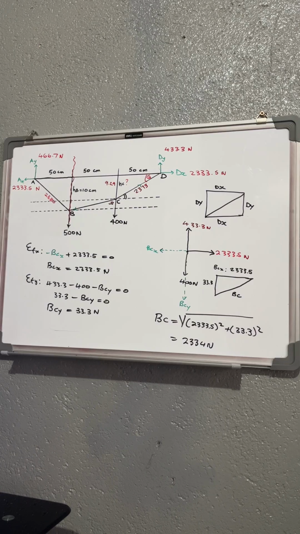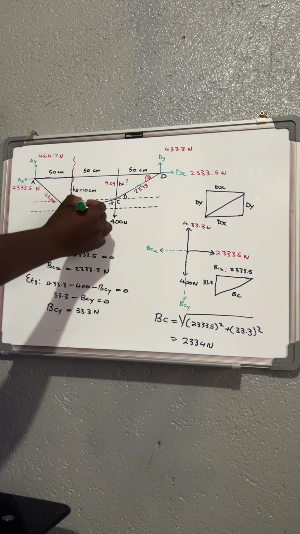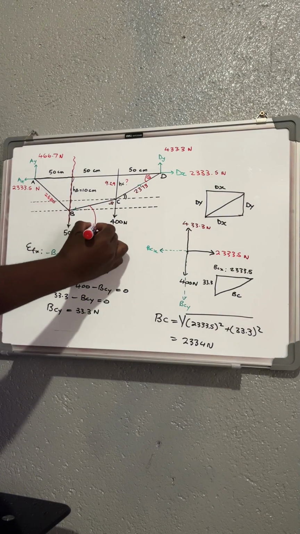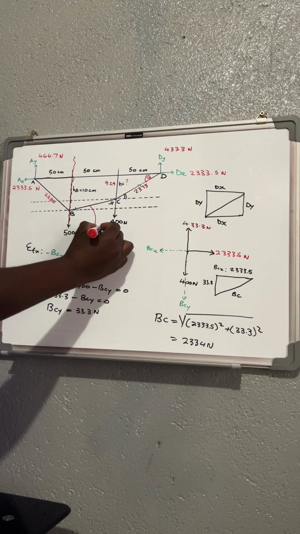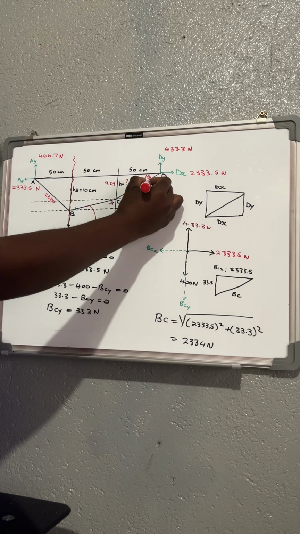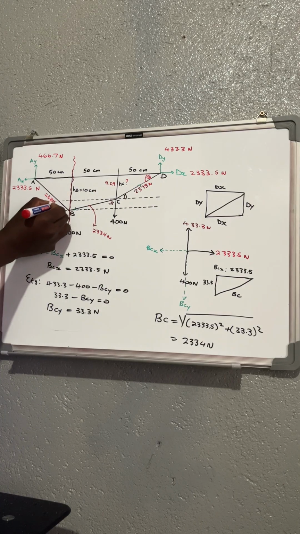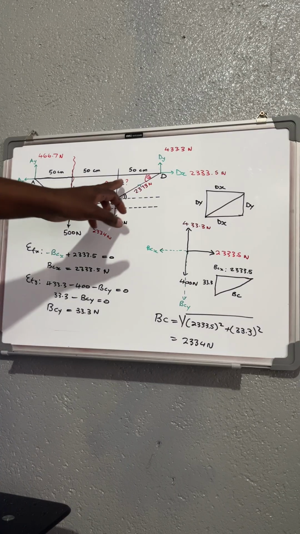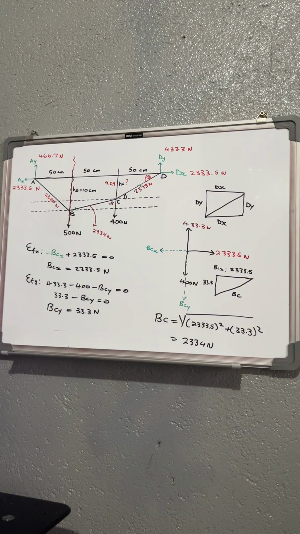Then which means this one here, this one, which is your BC, you got your 2334 Newton. Remember, this one is Newton, this one is Newton. So it means now you were able to determine your BC and also the force in each and every cable.